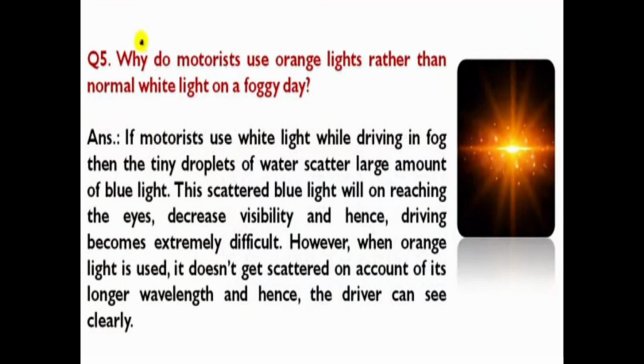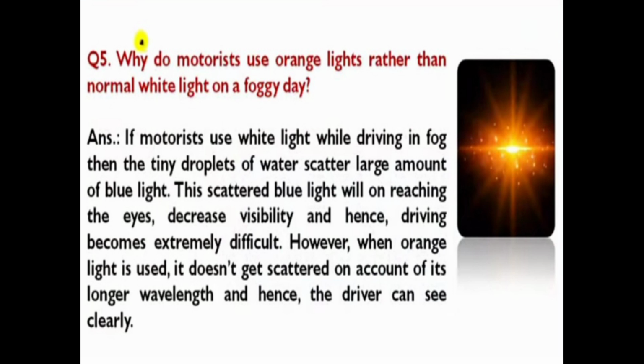On a foggy day there will be tiny droplets of water, plus fine particles, plus molecules of air, so a large amount of blue light will be scattered. This scattered blue light will keep on reaching the eyes and will decrease the visibility. It decreases our ability to see what is coming from the other side, and hence driving becomes difficult.